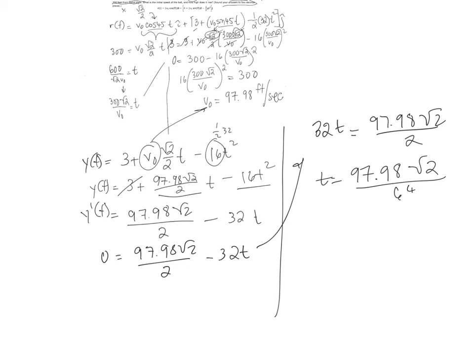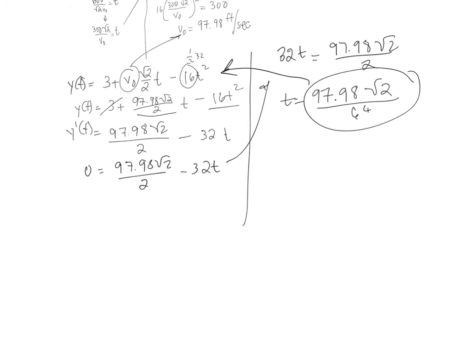Now you should be able to plug this back into the original equation right here, and you should get the maximum height. So y of t equal, now you have the v naught, also the time, so you should be able to solve for y of t. So you have 3, the initial height, plus v naught, 97.98 root 2 over 2, and then the time is from right here.